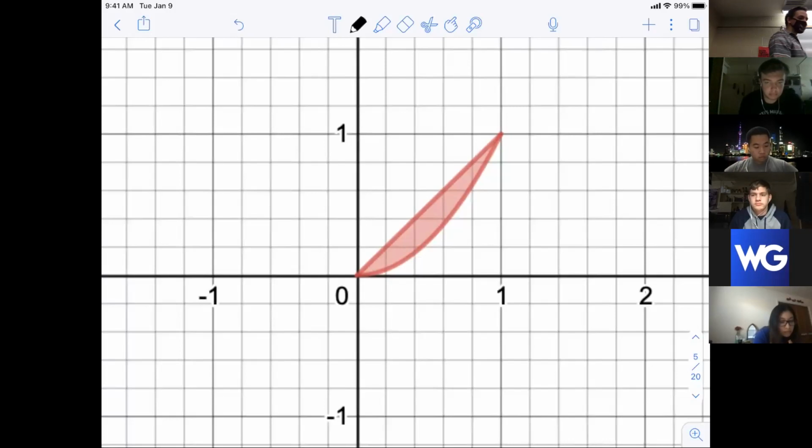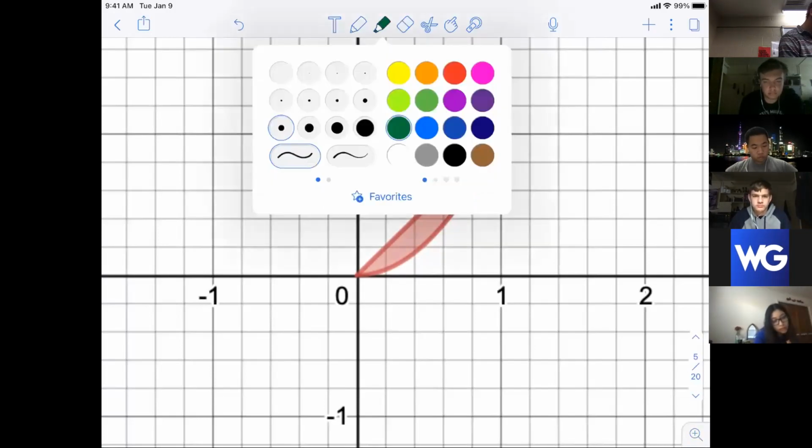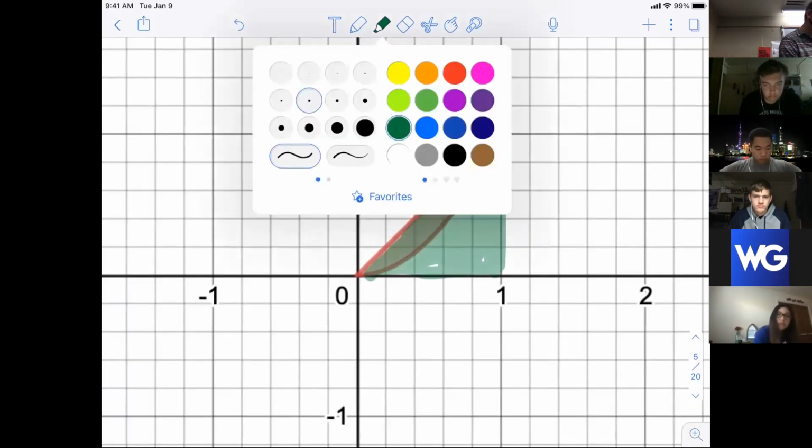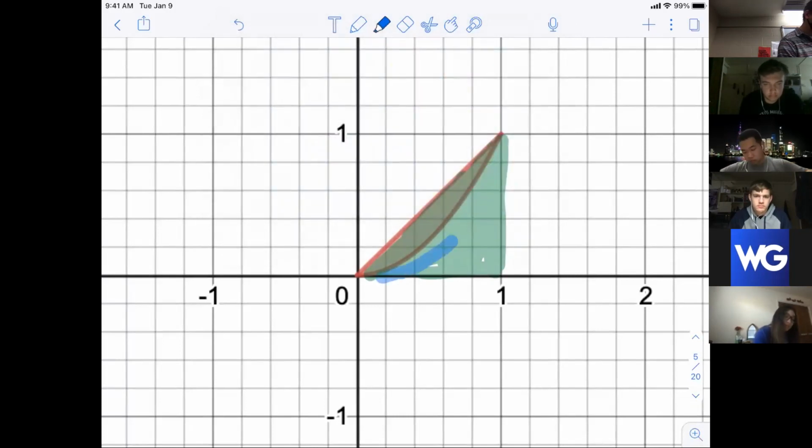But ultimately, it's not that hard to see that if you take the area under the straight line, which is just that triangle, and then subtract off the area underneath the parabola, well, then what's left, the green minus the blue, is the area we want, right?